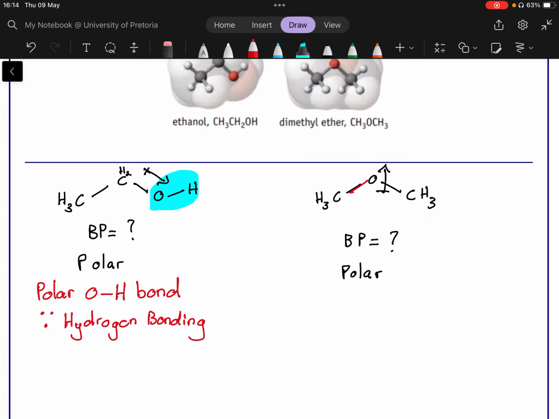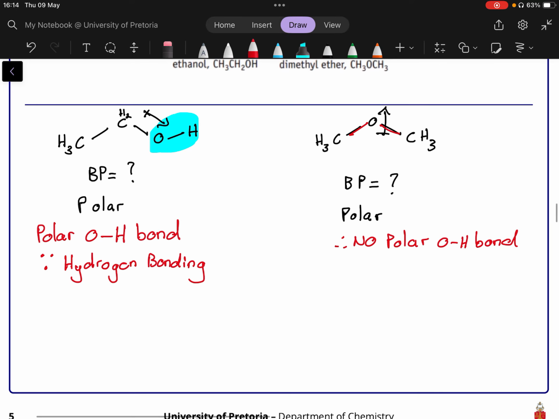Here we have carbon bonded to oxygen. So therefore, there is no polar OH bond, and there is no hydrogen bonding.